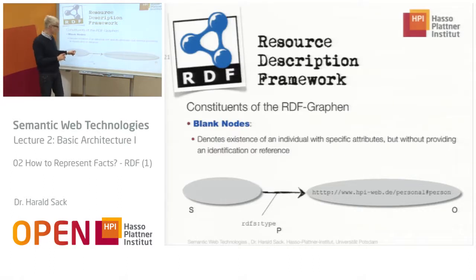But I do not denote which individual this is. I do not give it a name. Sometimes it's pretty convenient to make a statement about things that exist without telling which individual I directly address with this information. So for that case, blank nodes are necessary.